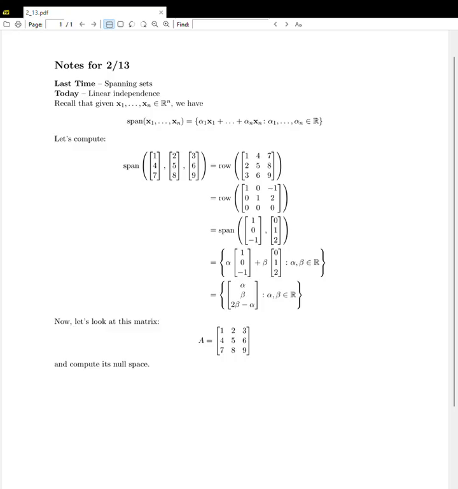All right. And so again, remember the way to do this is to find its ref, its reduced row echelon form, and quite interestingly, the ref for this matrix, now note this is not the same matrix that we have here, but interestingly enough, it does end up having the same ref.